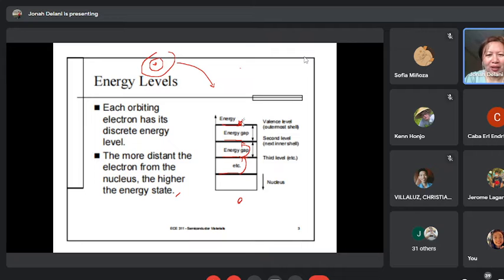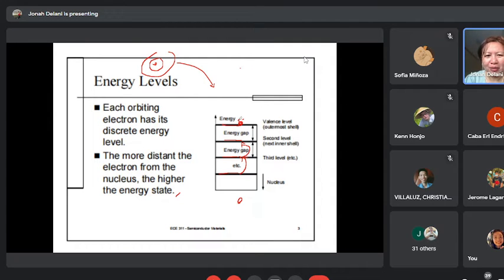That is why current flows. An example is, of course, the conductors. Current moves easily in metal, because the electrons in metal are loosely bonded with the nucleus or with the atom.